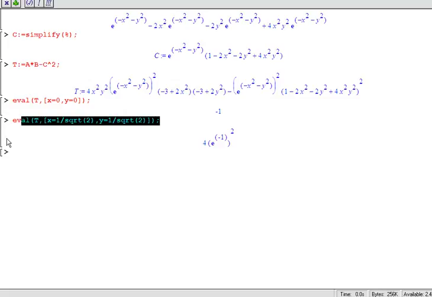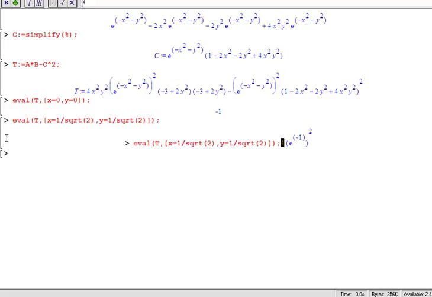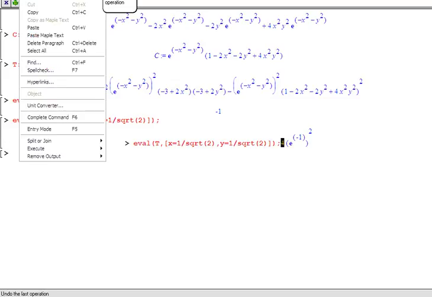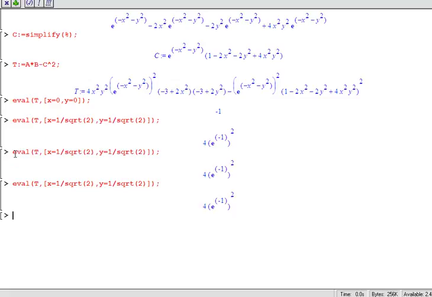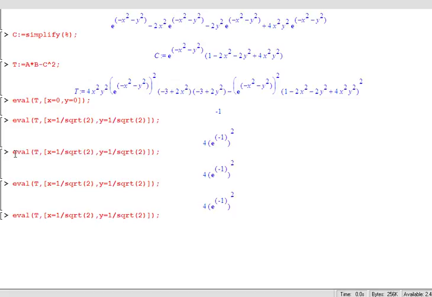We're just going to copy and paste, because all I'm going to do is go back up here and change my signs. Let's make them both negative.